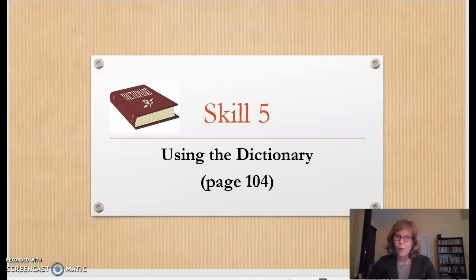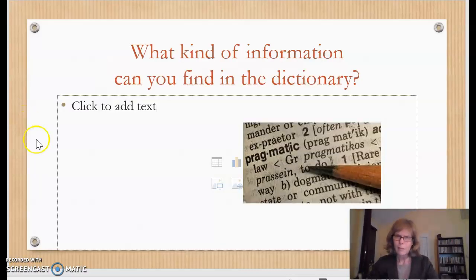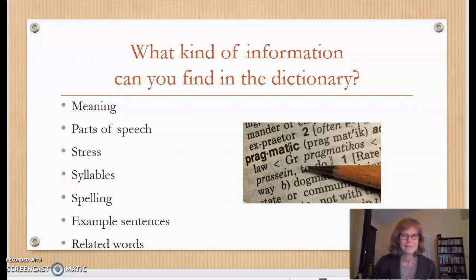I'm on page 104. This is where they give you some practice with skill 5. Here's a question I have for you. What kind of information do you look for when you're using the dictionary? When you reach for the dictionary, what kind of information are you looking for? What would you say? Here are some of the things that students have told me they use dictionaries for.